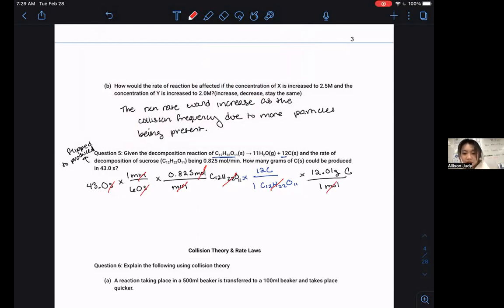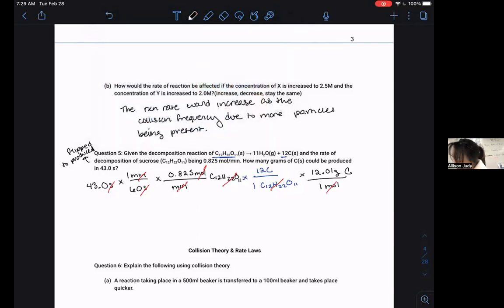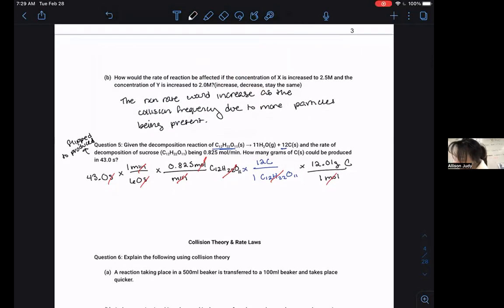For sig figs, it should be 3. My workbook calculation only reported 2, and I don't have easy access to a calculator right now, ironically, so I'm going to say it's about 85 point something.